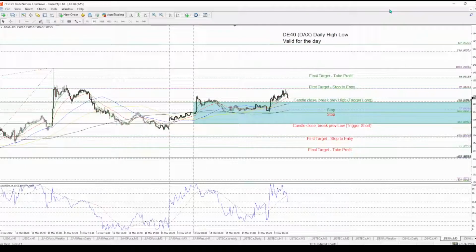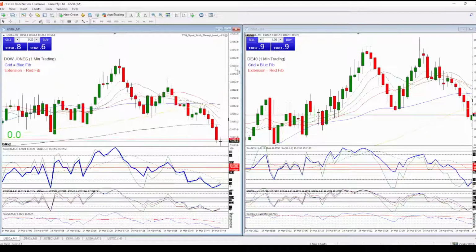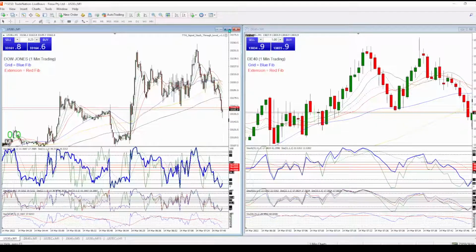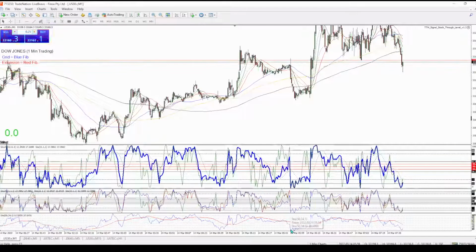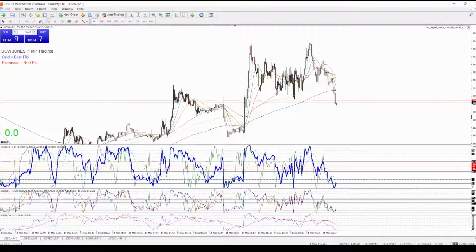Let's move over to the 1-minute charts. Have a quick look where we're going to put our 1-minute grids on the Dow. See if this was a significant low. We've got a significant low over here, so it will be from the high to low.